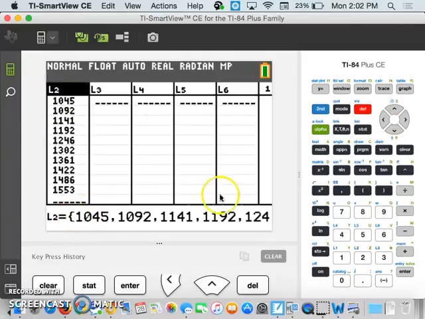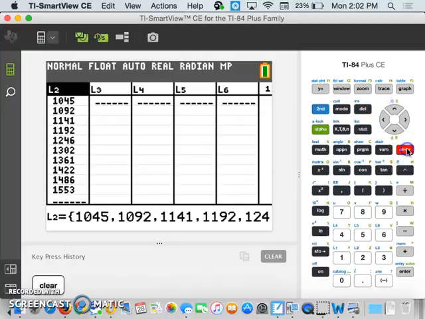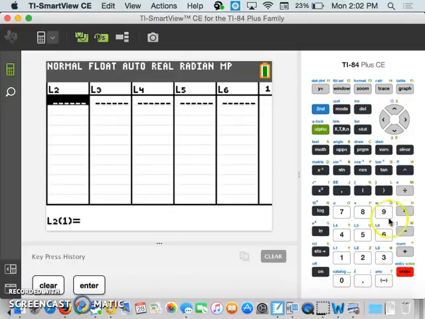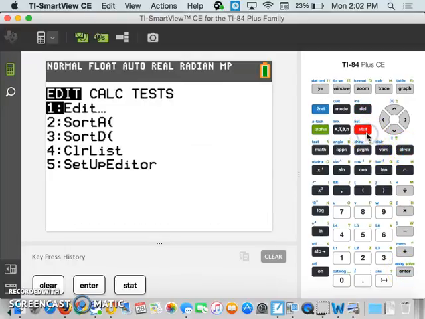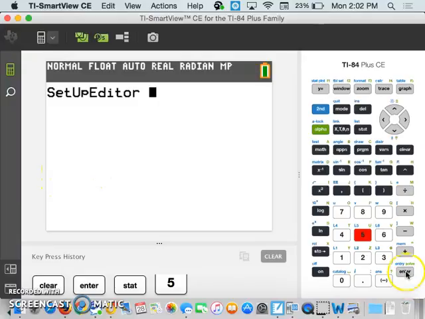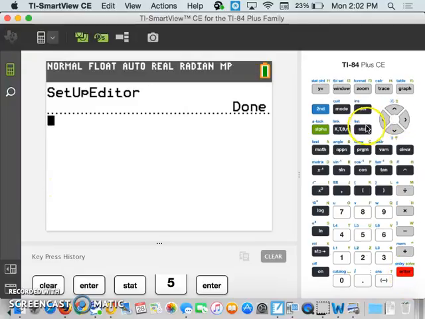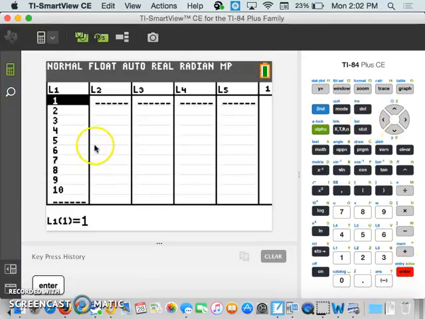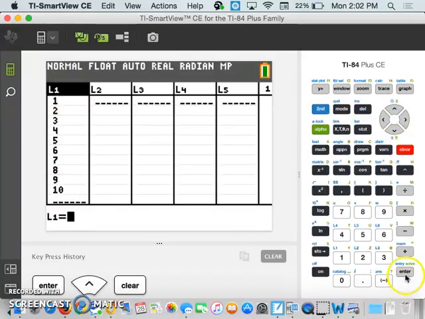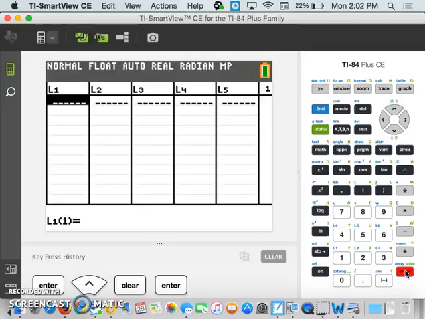But all of your data is still stored there. So in order to clear out information, you want to push clear and then enter. And then in order to get your list back, you come up to Stat and you push Setup Editor. Click number 5, and that will give you all of your lists back, starting with list 1 and any other list that you have deleted, especially if you start with list 3 or list 4.